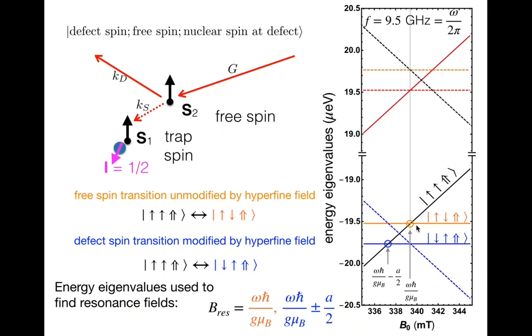Okay, so let's look at the orange one here. The orange line corresponds to this state here, and then the black line corresponds to the all-up state. Okay, and then we see we have an intersection here, so it's possible we would have a resonance there. Okay, so this resonance is a flip of the second state, so that would be the S2 state.